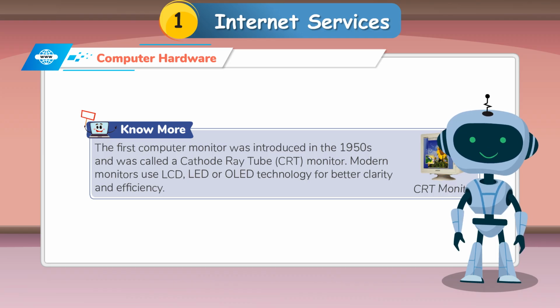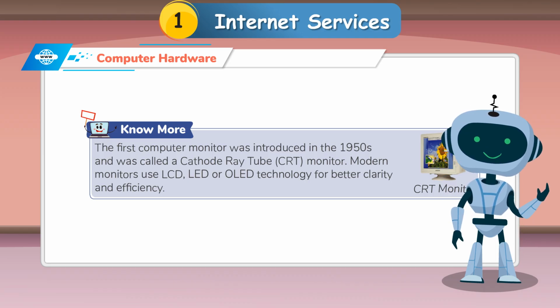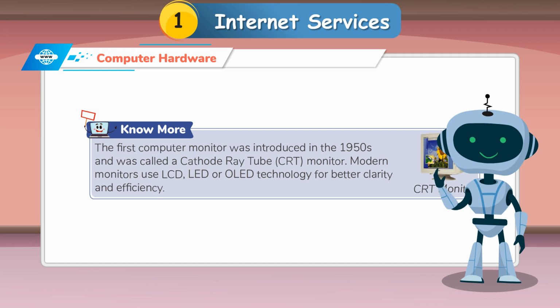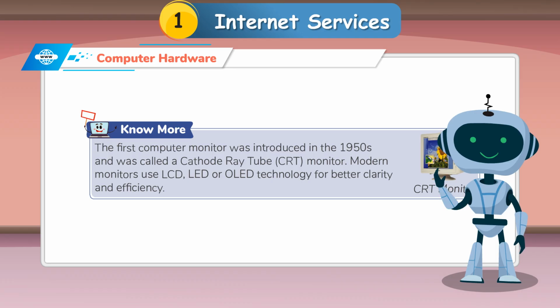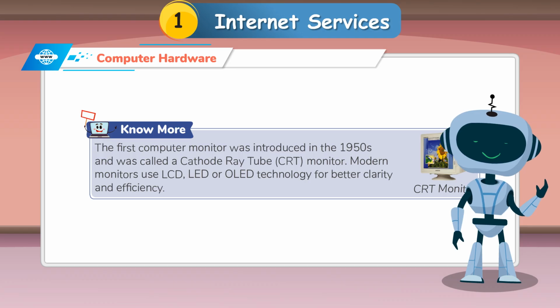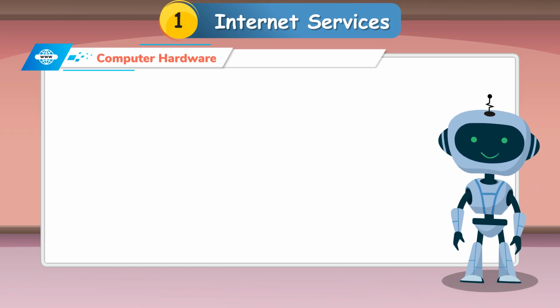Did you know? The first computer monitor was introduced in the 1950s and was called a cathode ray tube, CRT monitor. Modern monitors use LCD, LED, or OLED technology for better clarity and efficiency.